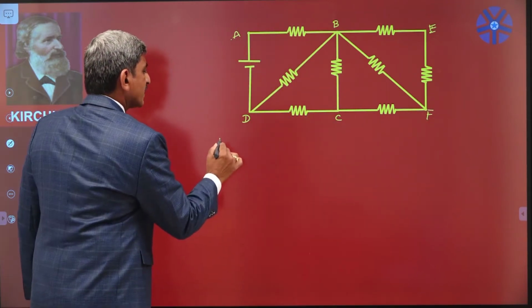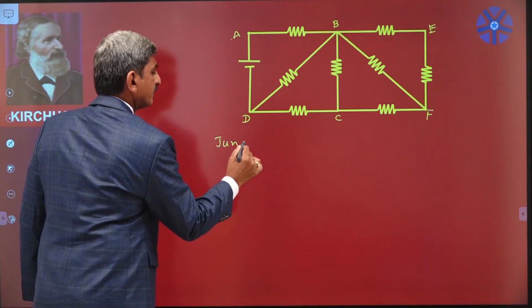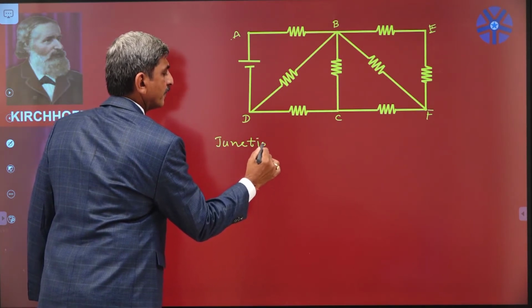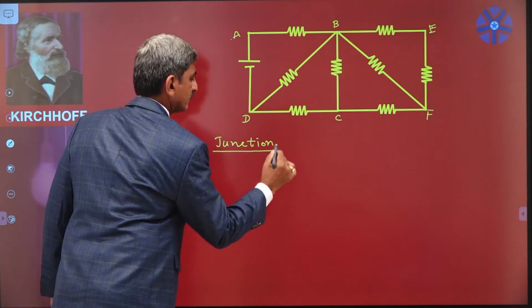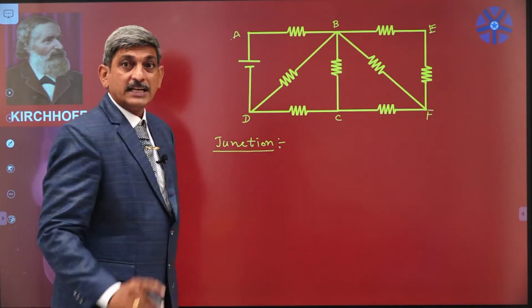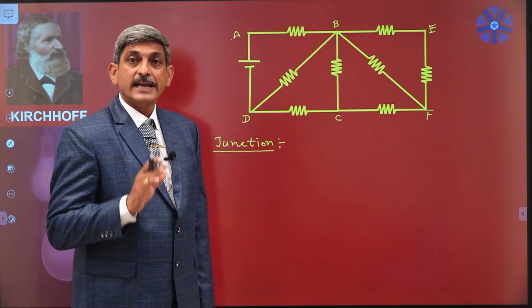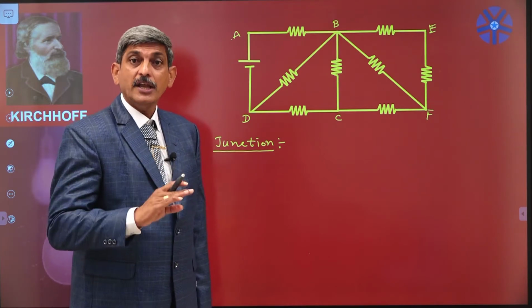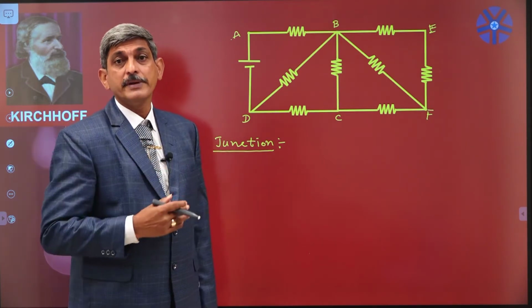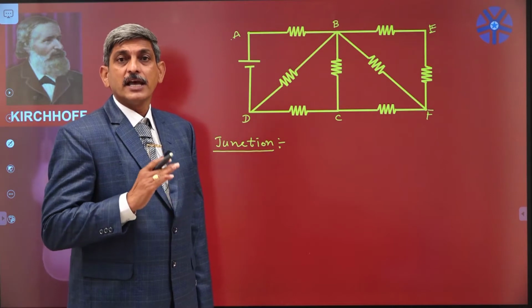Here what is meant by junction? Junction is a point at which three or more than three branches are meeting in an electrical network.